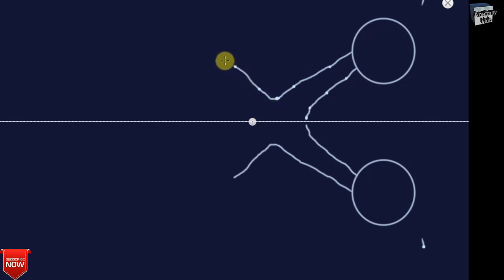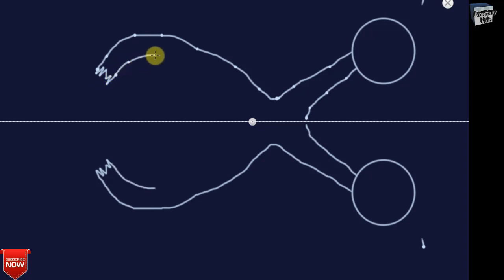This optic tract will go backside, and they will reach here at the lateral geniculate body.